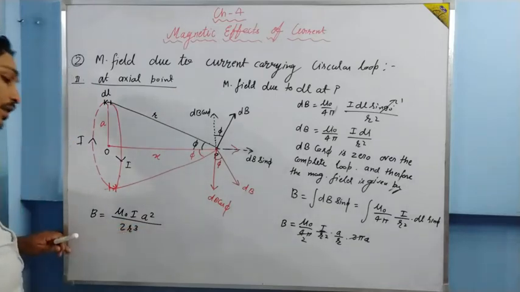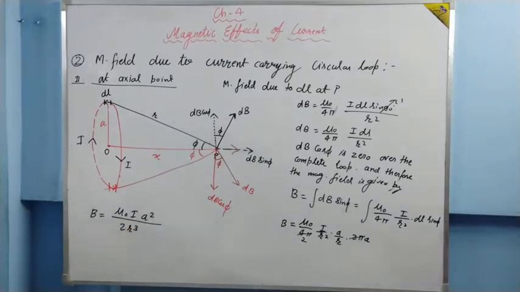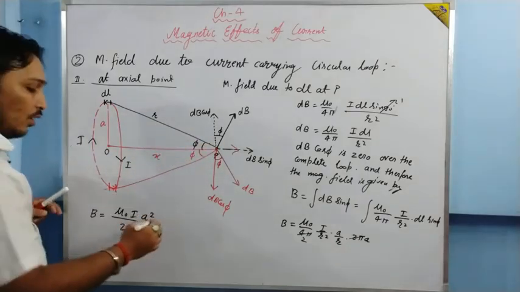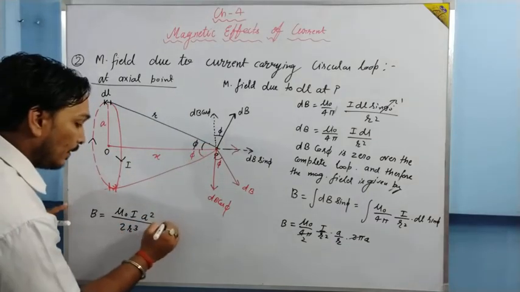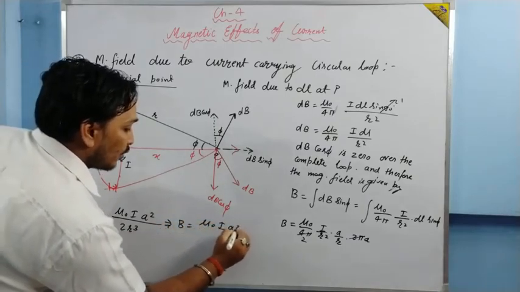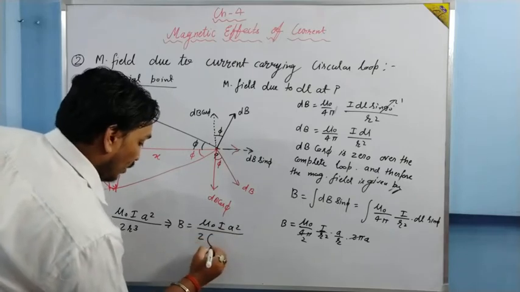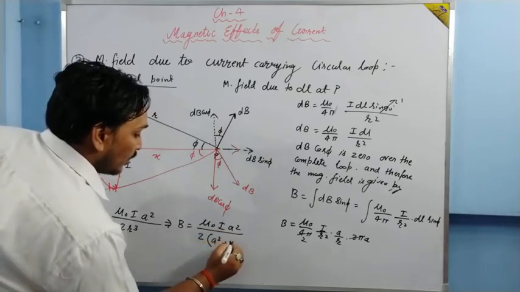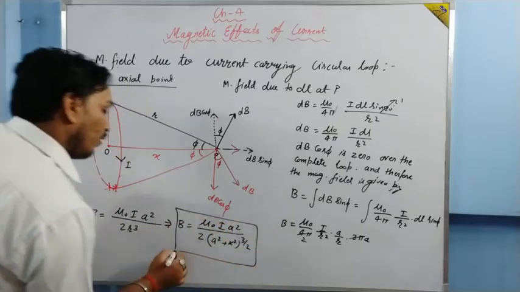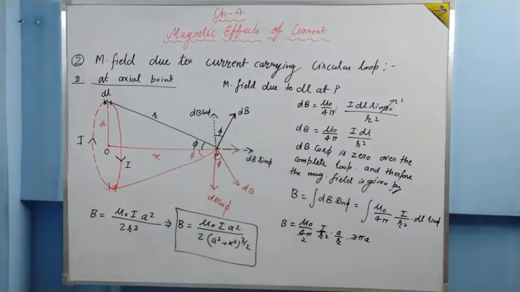And if we put the value of R cube over here, what is R? R is basically the hypotenuse of this triangle. Then we are going to have B is equal to mu naught I A square upon 2 in bracket A square plus X square to the power 3 by 2. This is the formula for magnetic field at the axial point due to a current carrying loop.